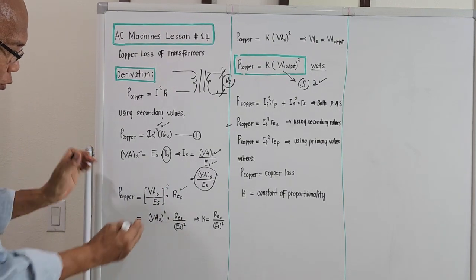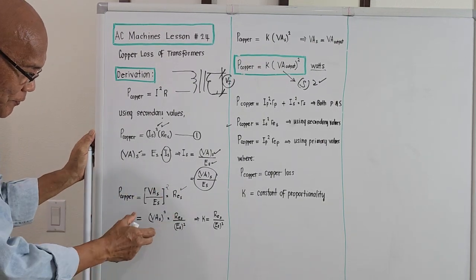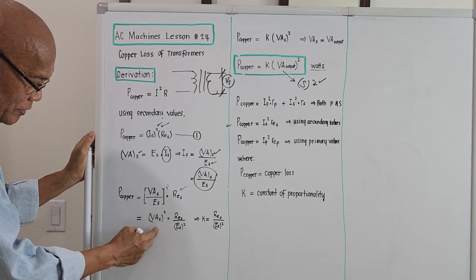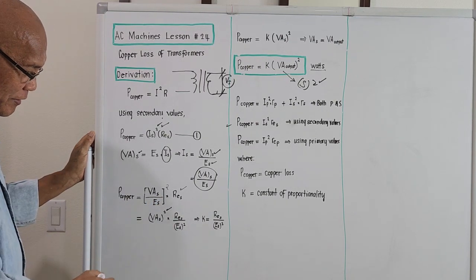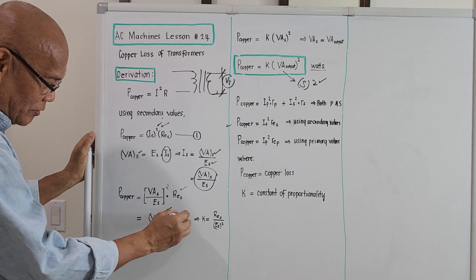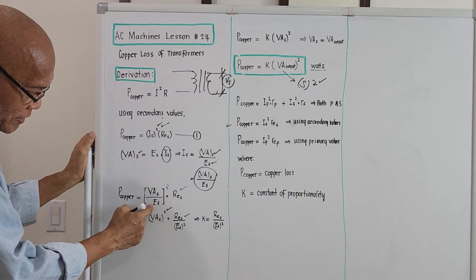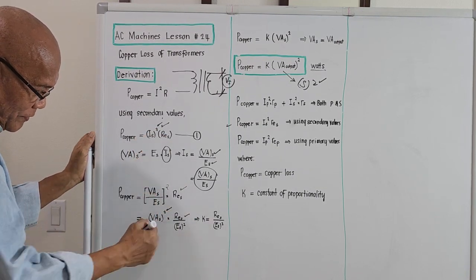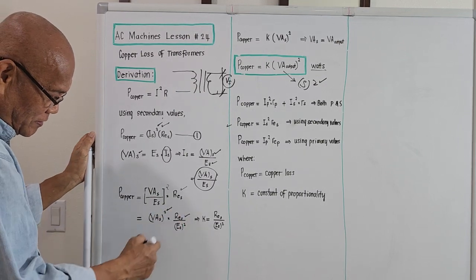If we try to square this one, the first one will be volt ampere on the secondary quantity squared, times R_eS. There is an E_S squared at the bottom, but I put it under the R_eS.